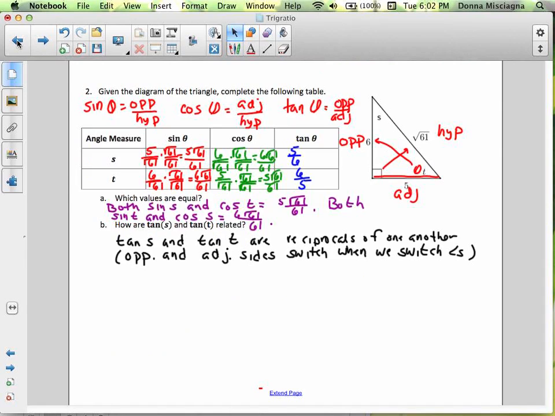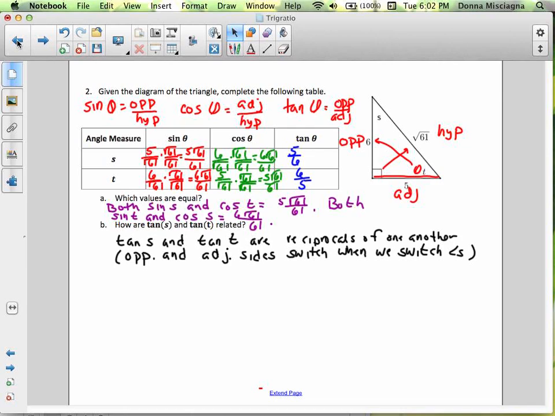So if you're dealing with sine, the numerator is the opposite side. The denominator is the hypotenuse. If you're dealing with cosine, the numerator is the adjacent side. The denominator is the hypotenuse. And if you're dealing with tangent, the numerator is the opposite side and the denominator is the adjacent side. But be careful, if there was a radical in the denominator, it might be rationalized.